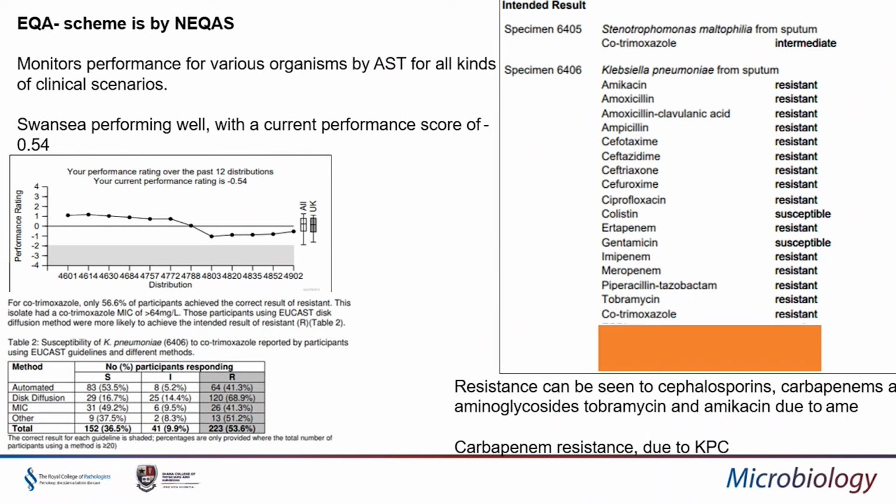If less than 80% of people get the result correct, it doesn't get scored, so nobody drops any points. For this one, cotrimoxazole was supposed to be reported resistant, but only 53.6% of participants actually called it resistant. So we did call it resistant, but we didn't lose any points, and we didn't gain anything either.